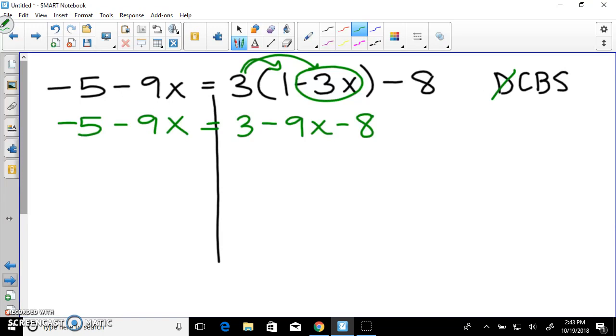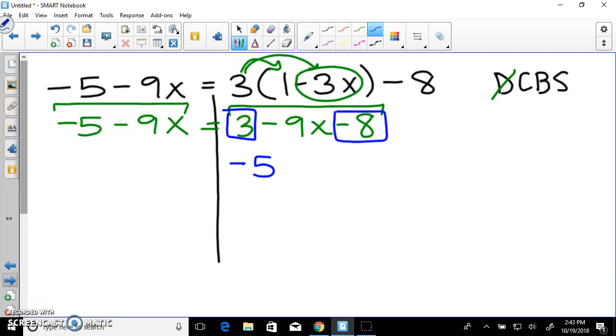Combine like terms. Let's check on the left side. 5 and 9x, nope, can't combine those. On the right, 3, negative 9x, and negative 8. Yes, I've got a 3 and I've got a negative 8. We can certainly combine those. 3 minus 8 leaves us with negative 5, and then minus 9x just stays the same. Negative 5 minus 9x.